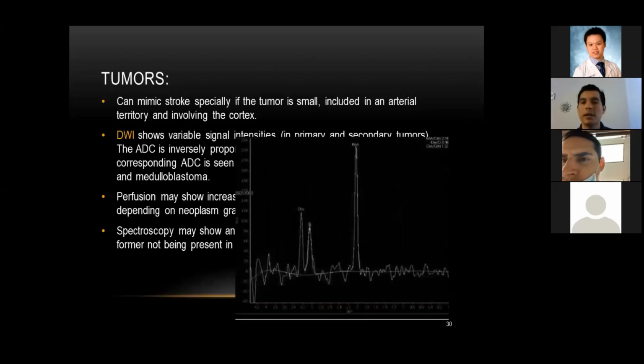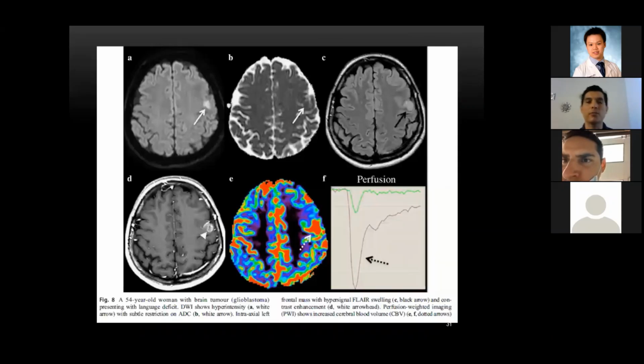This is to show the normal spectroscopy. This is the peak of choline, and the peak of NAA is always higher. This will be inverted in case of tumors.